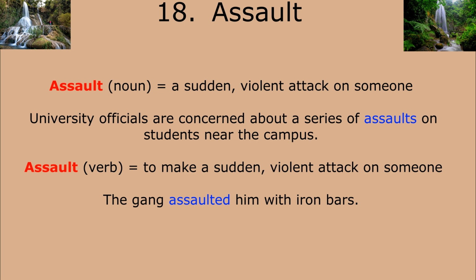Please note that we use the same word as a verb as well. To assault means to make a sudden, violent attack on someone. For example, the gang assaulted him with iron bars.